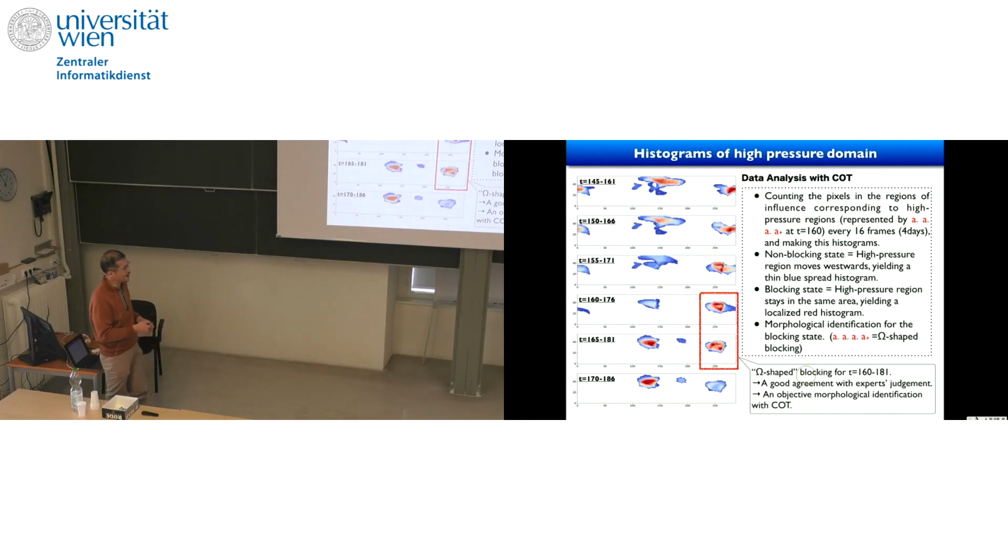So this can be morphologically identified by just looking at the sequence of letters. This is an effect of the topological flow data analysis. We are now making this kind of analysis for the last 30 years. Then we can check if this idea is comparable to the expert judgment.